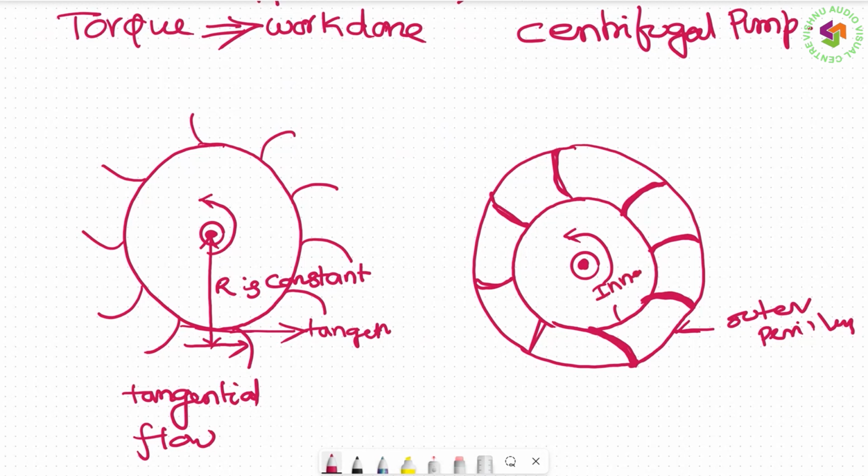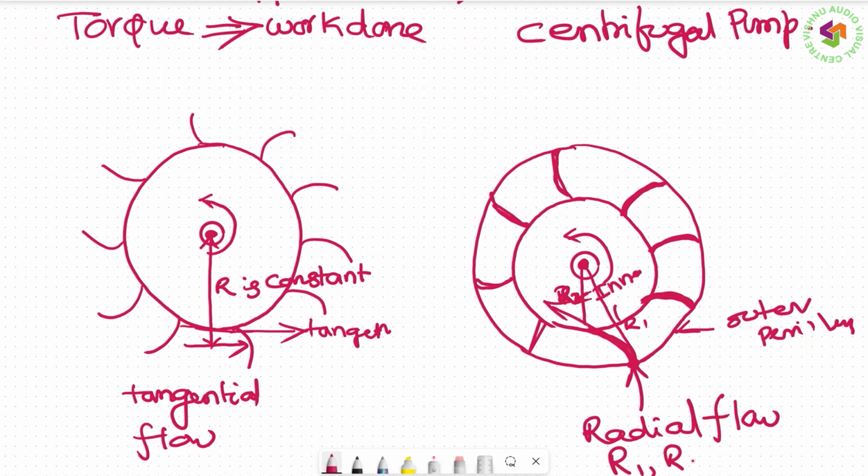So it enters here. This distance is R1 and this distance is R2. So both are different. It enters here and leaves here. So this is radial flow.